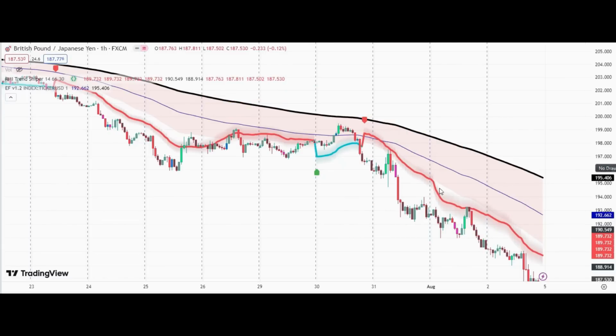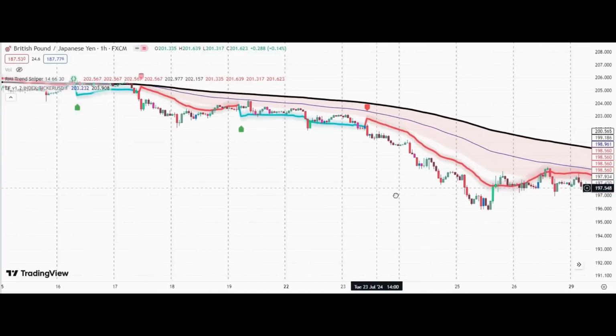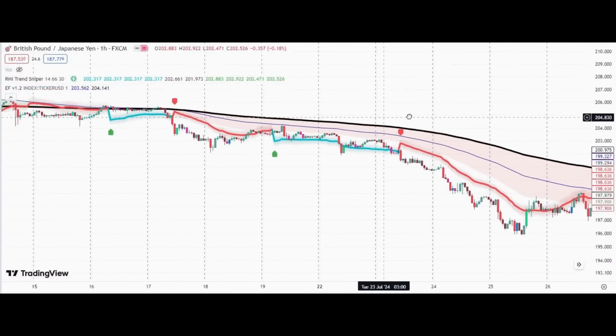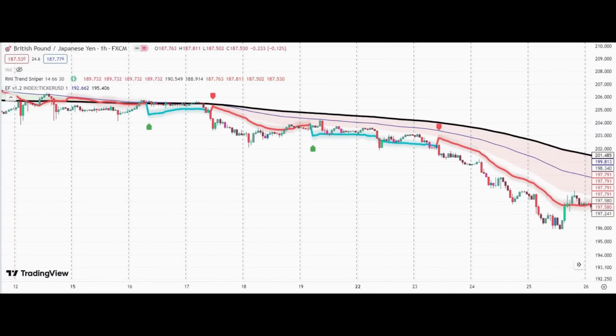So let's just walk through to see. You see at this point you have the same signal as at this current particular point. The first indication is correct, that the EMA is giving you a sell opportunity.